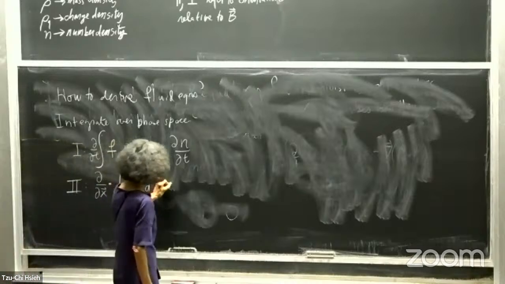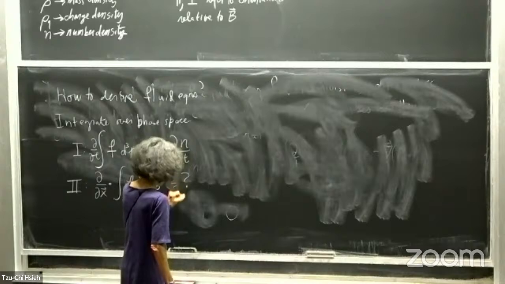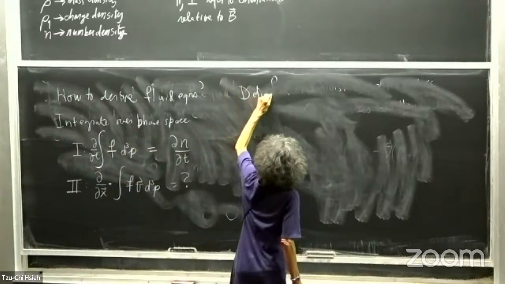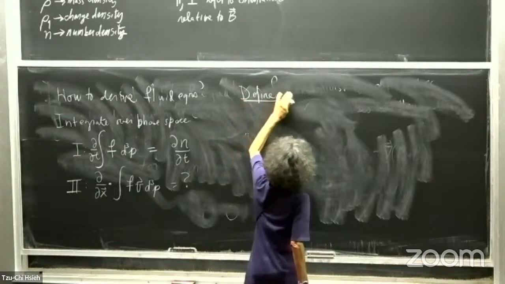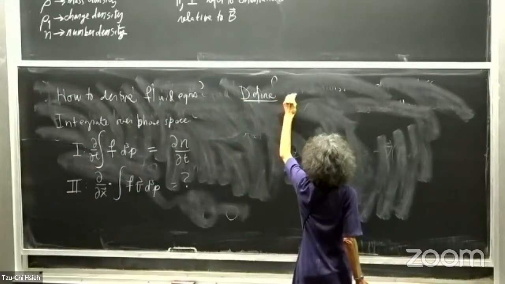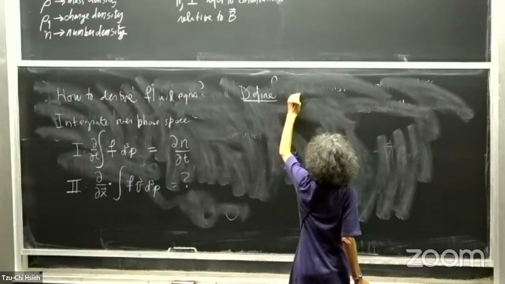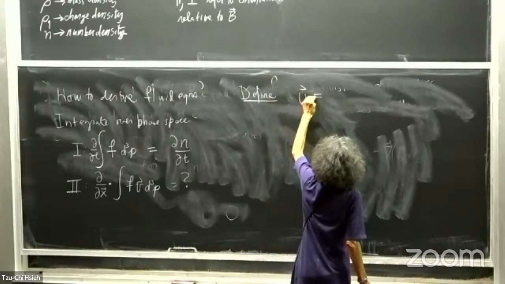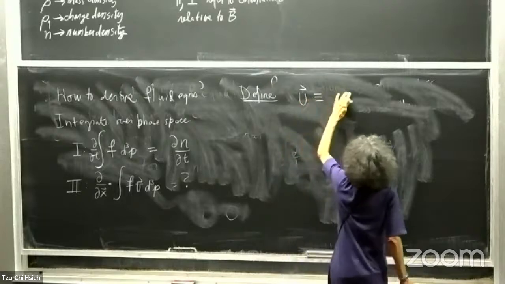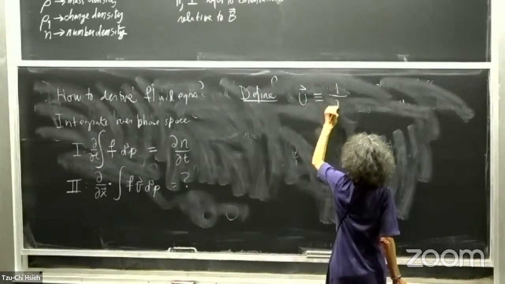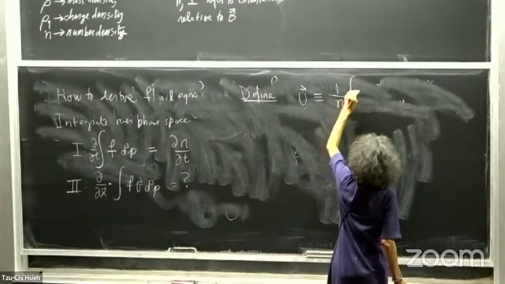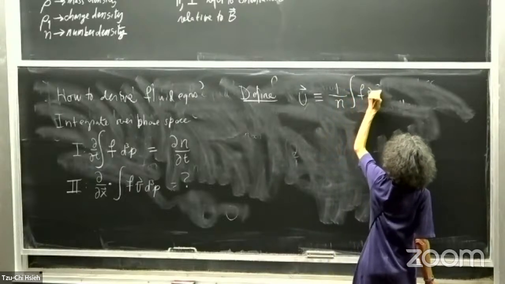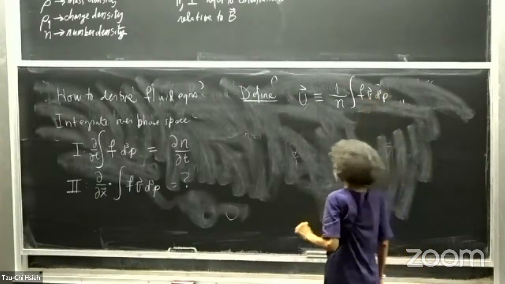So let's define a mean velocity, which we were calling u. Let's define that as 1 over n times the integral of f v d3p.